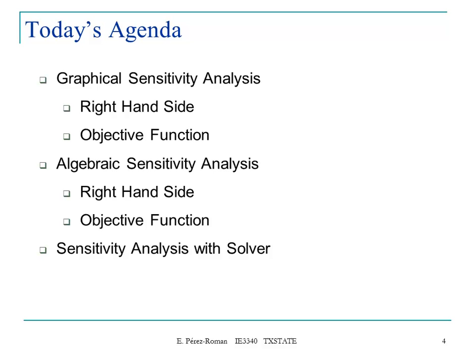And also we're going to focus on 2 areas of the model, the right-hand side and the objective function. So we're going to see how, if we change the objective function coefficients, that would affect your optimal solution. If you change your right-hand side, how would that affect your optimal solution?